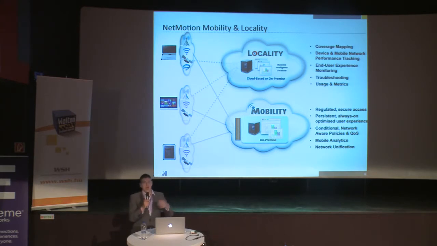Every time you change from, let's say, 3G to 4G, your application loses connectivity. What this mobility product does, it's a VPN, but it's a different one. It's always on. You're always using a VPN tunnel. No matter the connection upon which this mobile tunnel is built, it always remains on.